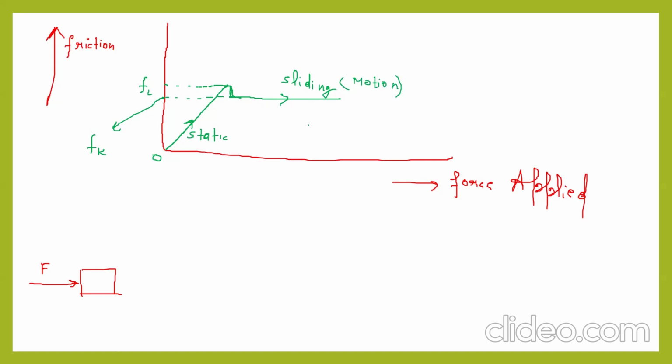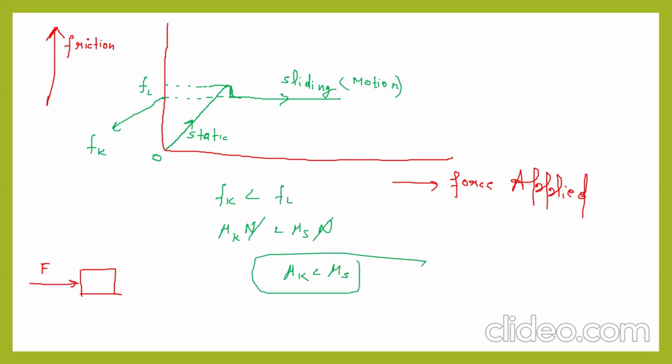This is the graph. Here you can check also that FK is less than FL. Kinetic friction is mu k into N, so mu k is less than mu s. Clear?